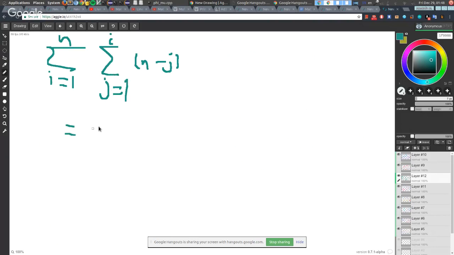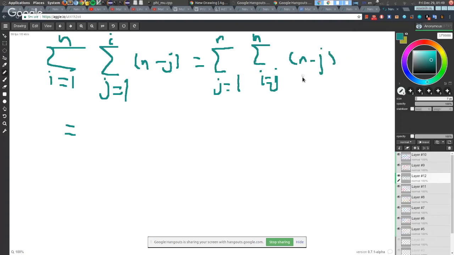By using the constraints we derived earlier, we can write this as a sum for j from 1 to n, and then we have i from j until n. And here we have the value n minus j. Here we notice that this value doesn't depend on i, so we can take it out because it's a constant.